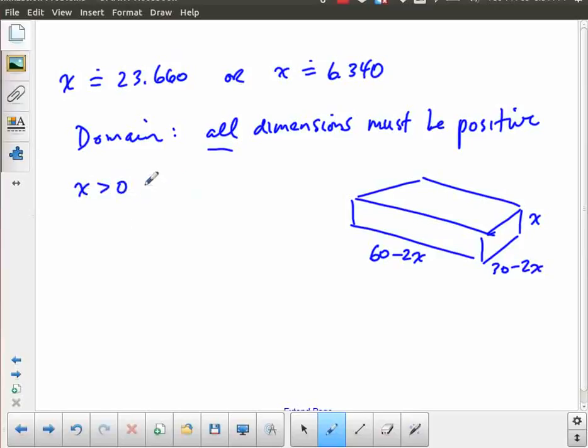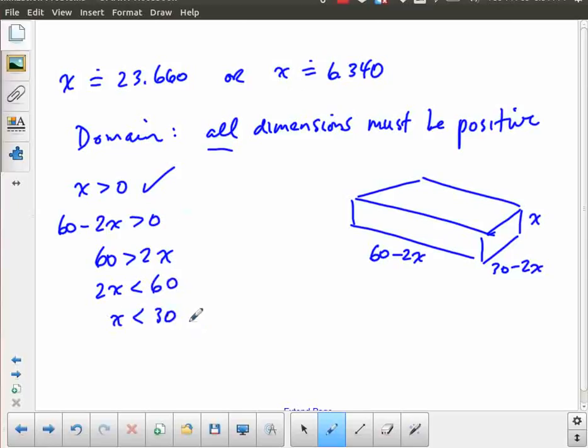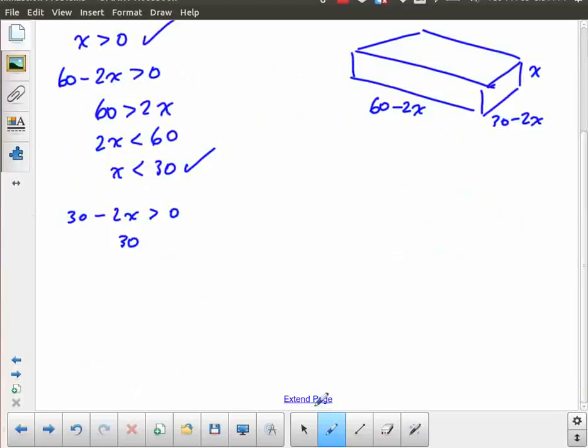That's already satisfied because both of these x's are greater than 0. 60 minus 2x must be greater than 0, which means 60 must be greater than 2x, or 2x must be less than 60, or x must be less than 30. Yeah, they're both x less than 30. And 30 minus 2x must be greater than 0, which means 30 must be greater than 2x, or x must be less than 15.